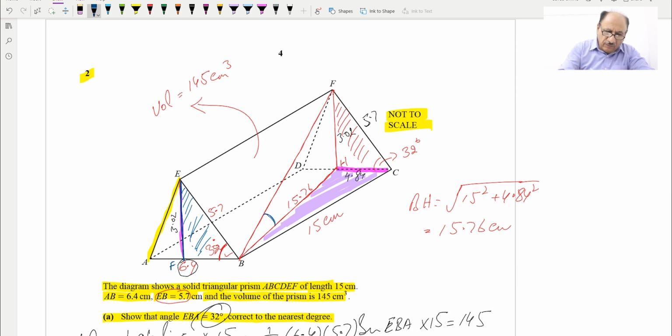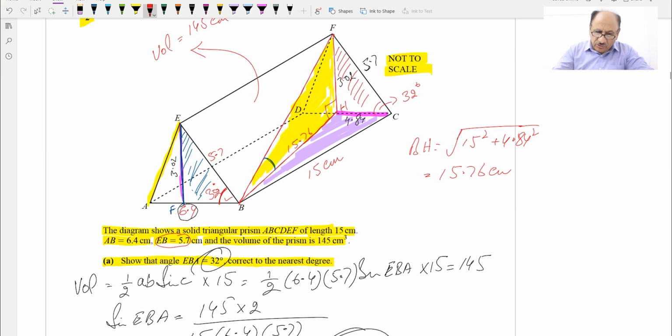Now we have two sides. Now we will be considering this triangle, the bigger one, this one, and this is the right angle in this triangle. So we can take FH over BH. So we can write FH over BH is equal to tan of theta, and FH is what?